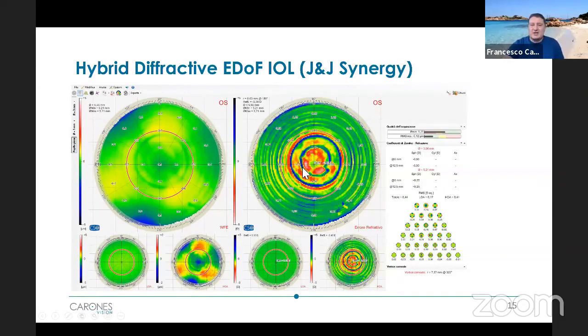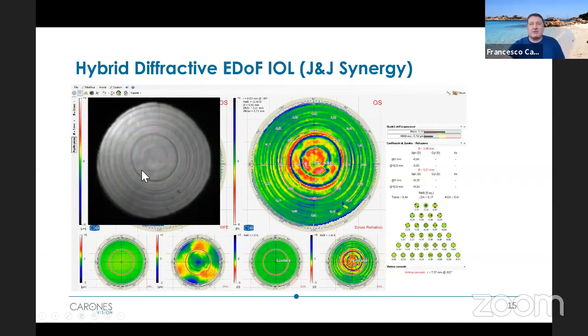So this lens really looks like, and here is a retro illumination image of the same eye, the extended depth of focus portion is more in the center of the lens, while the periphery of the lens that you see here is more for focusing at near only, and intermediate and distance only.